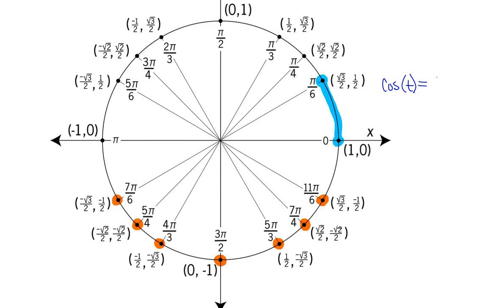So I would simply use the x-coordinate of that terminal point, which for the first terminal point is square root of 3 over 2. Or similarly, sine of t, again assuming t is pi over 6, that little arc length there to start, the sine of that arc is the y-coordinate, which in that case is 1/2. We're just getting those numbers directly from the coordinates of the terminal point there.